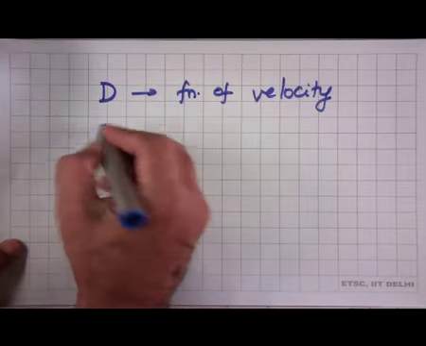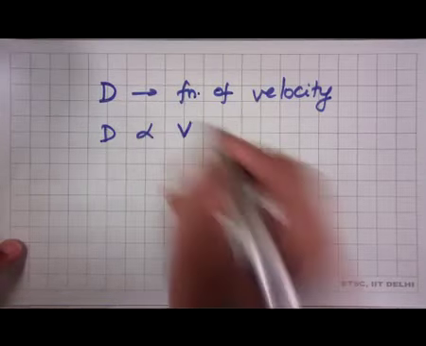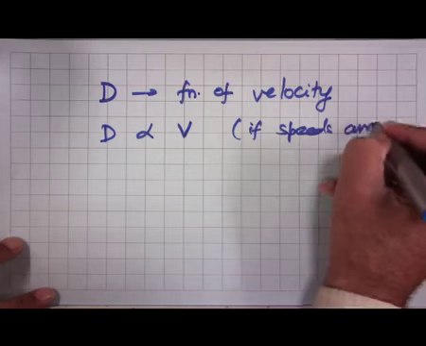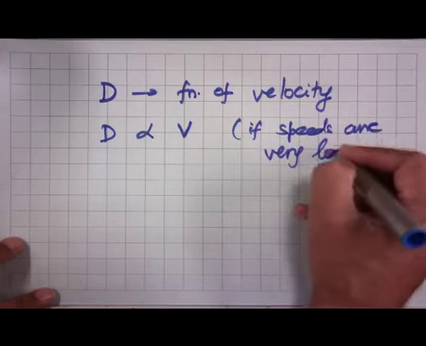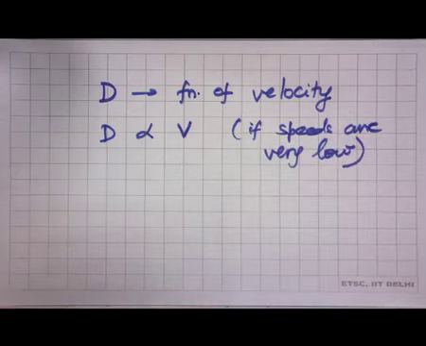This drag force is proportional to velocity if the speeds are very low. Sometimes for a sphere this is called Stokes' law of viscosity, and if the speeds are relatively higher, the drag force is proportional to the square of the velocity, and it could also be a function of v to the power of n, where n could be between 1 and 2.